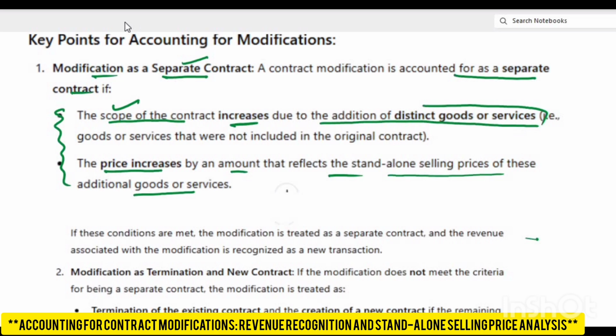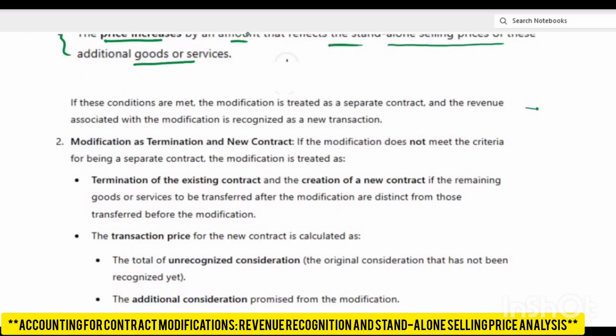Now, if these conditions are met, the modification is treated as a separate contract and the revenue associated with the modification is recognized as a new transaction. Clear?